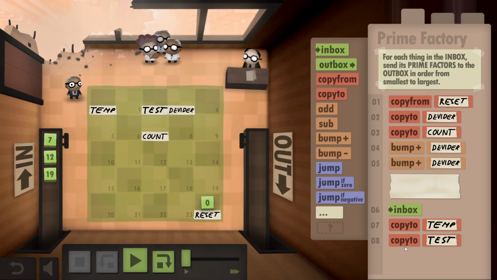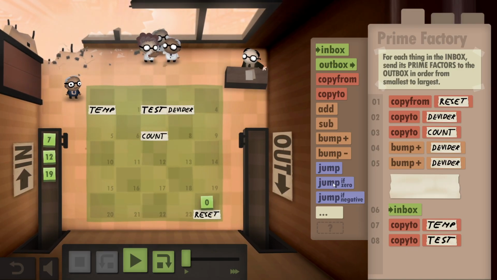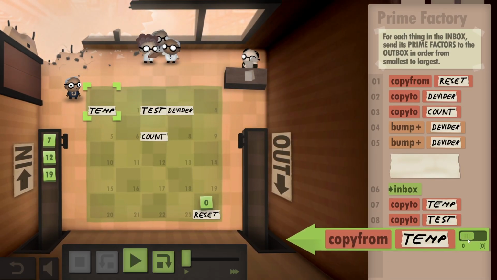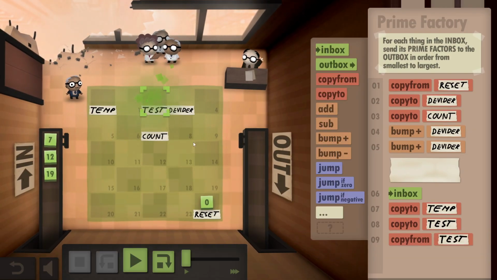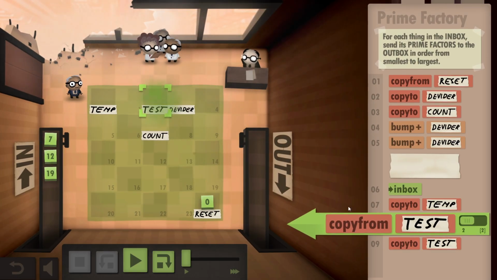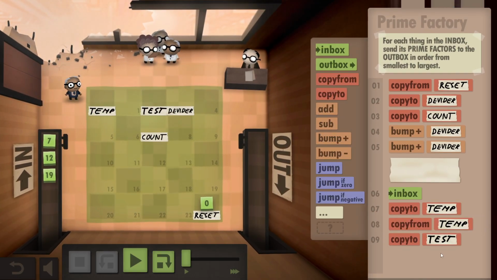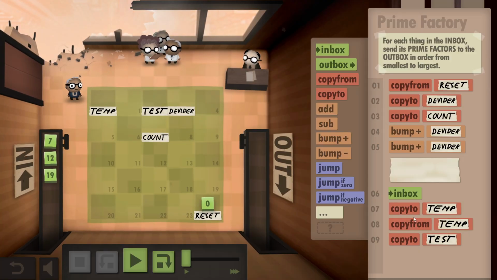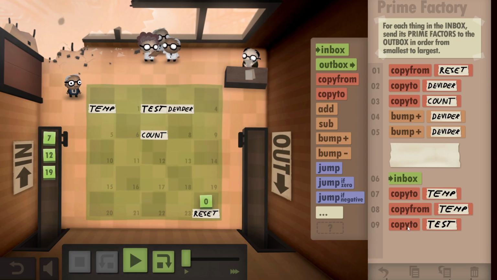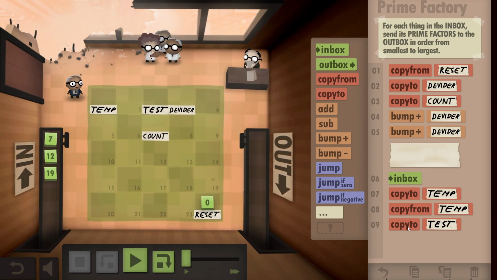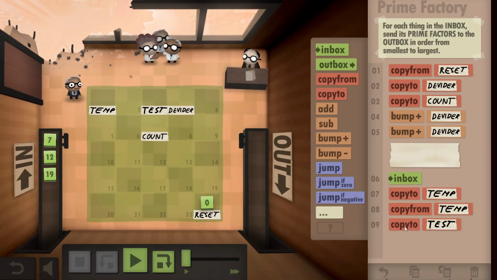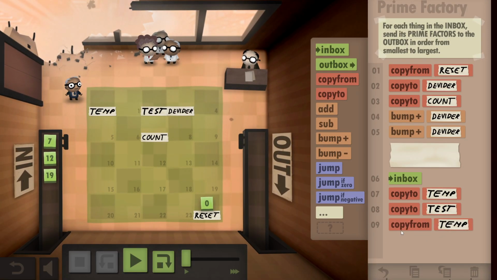So I'm probably gonna have to do copy from. I know it's not needed, but for later. Oh no, actually. Copy from. Yeah. Copy to test. That's gonna be a loop, eventually. Okay, so then you take. Okay, now just do this.